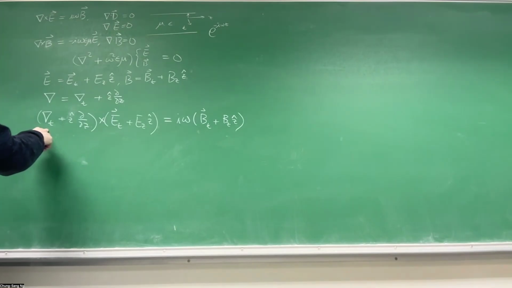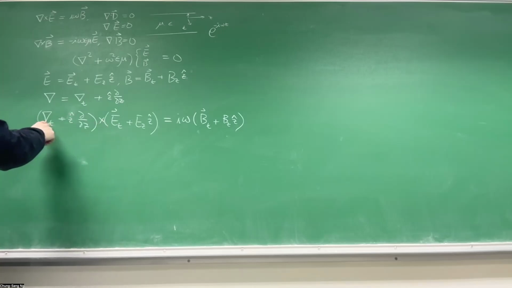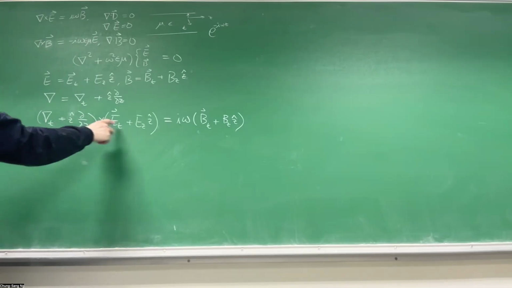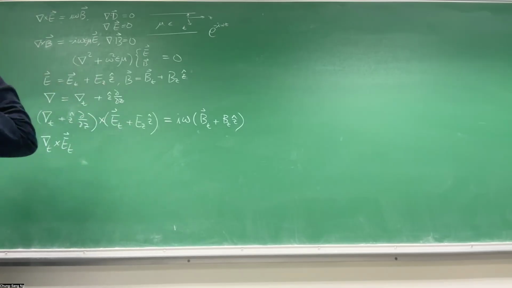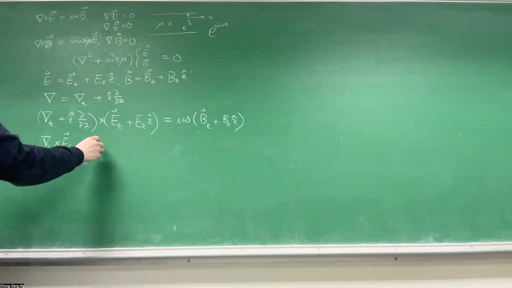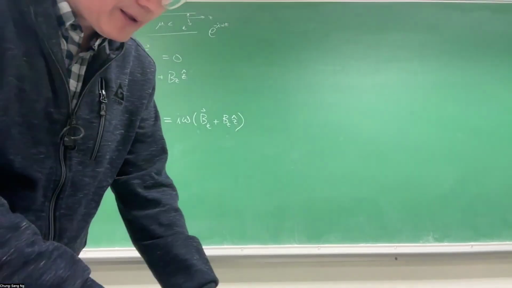So grad t cross E. I mean, this is actually a curl. This is a cross product. Right? This is a cross product of grad t, and this operates on that, which is the curl of a scalar times a vector, and that you can look up the identity.